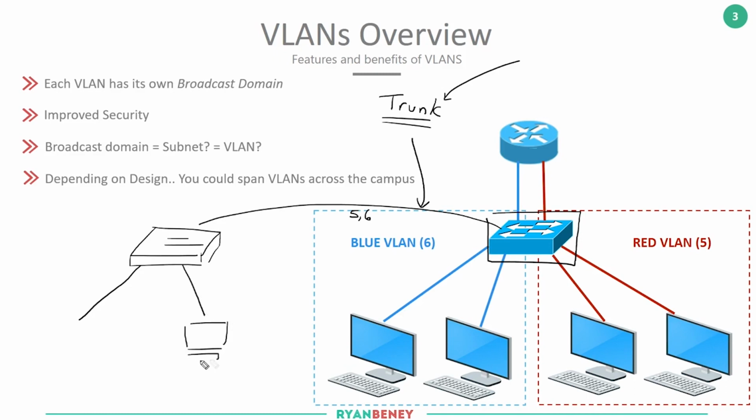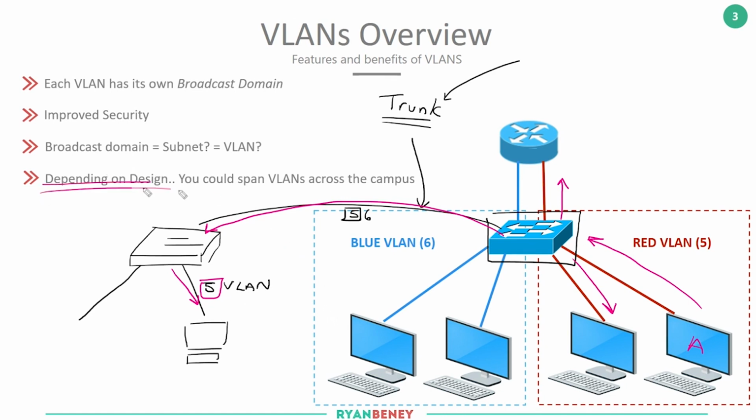And what it does is it allows us to put devices on this switch inside the VLAN. So if we had a PC in VLAN 5, which is the red VLAN, when an ARP message from this PC goes out onto the wire, it will actually be sent across this trunk to the switch and down to any PCs that are also inside this VLAN 5.